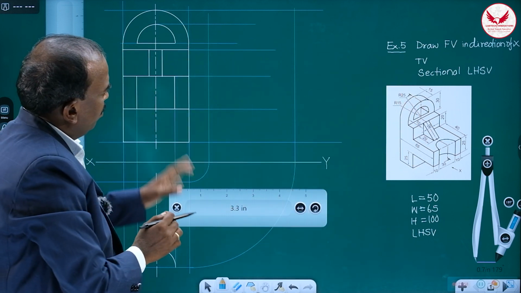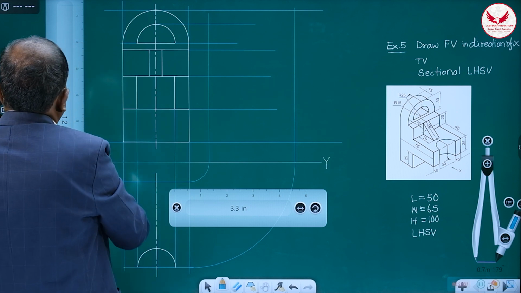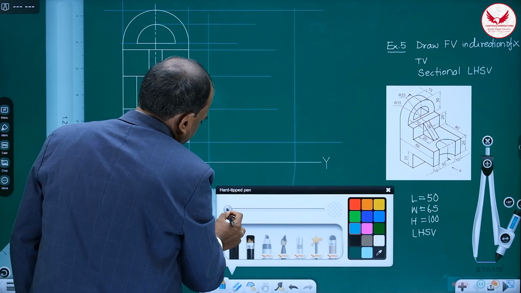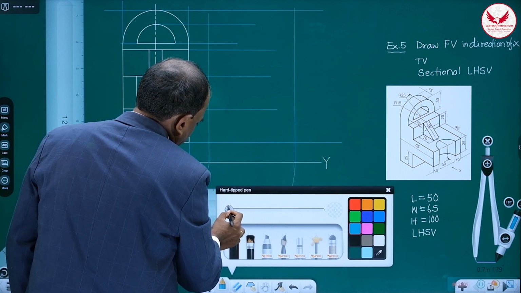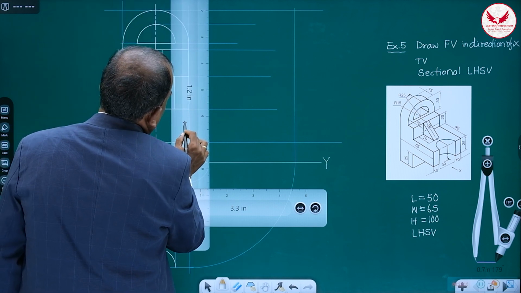And now we are having the projections also. It's not difficult to mark it. So how? See, first line in the side view.